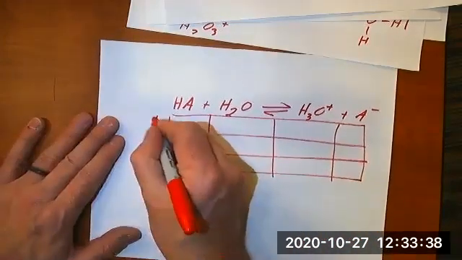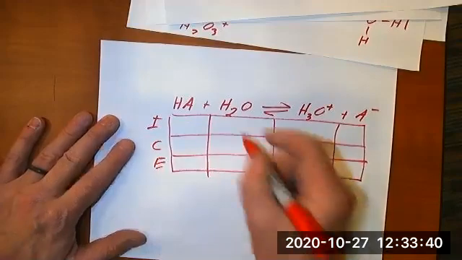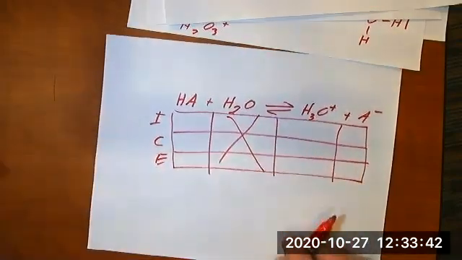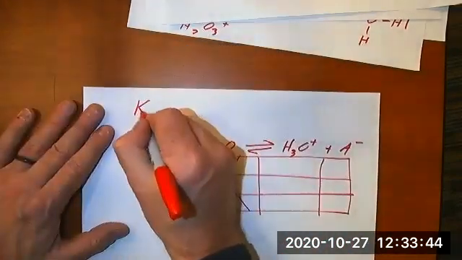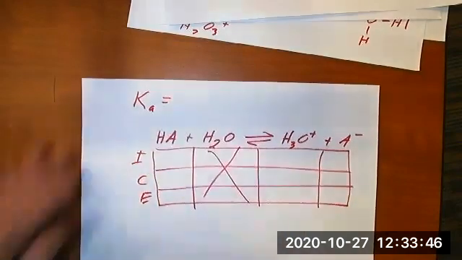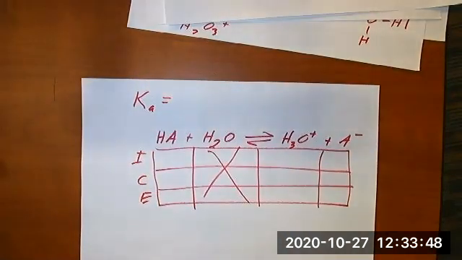So the equilibrium constant for a weak acid reaction has a special designation, Ka, meaning equilibrium constant for the acid reaction. Ka for acetic acid.